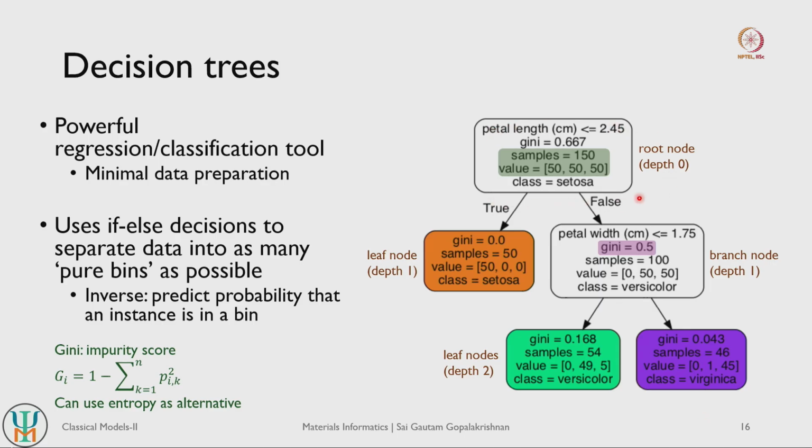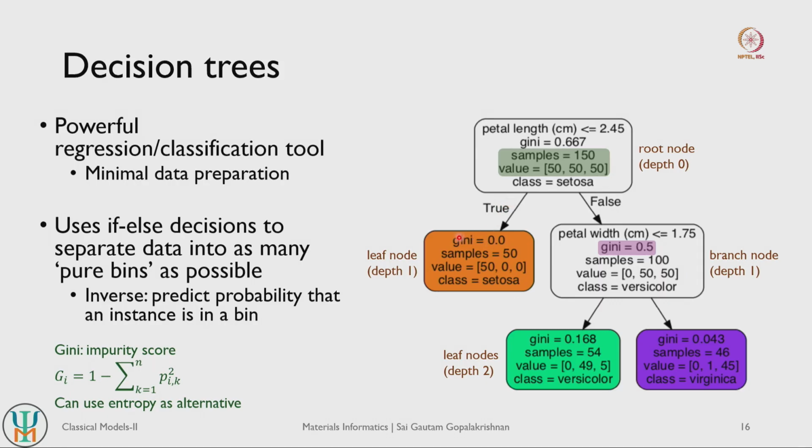The first node, or the first place where you make a decision, is referred to as the root node, and its depth is considered to be 0. Then the next node, where another feature is used to create further classifications, is referred to as a branch node.